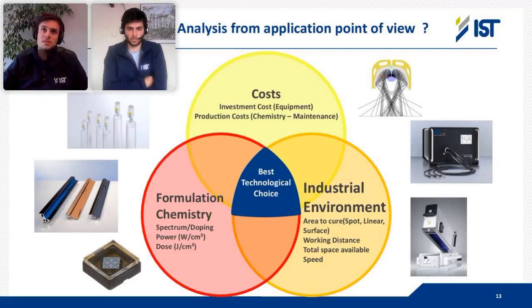And at ISTMS, if we identify this crossed area between the three circles, we will be able to propose the right technology that will suit perfectly the needs of the selected application. And so this is the way to illustrate how we approach a UV curing application.